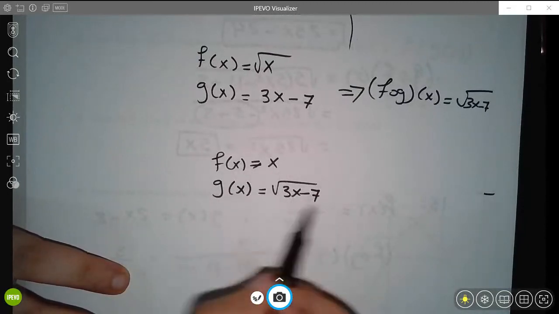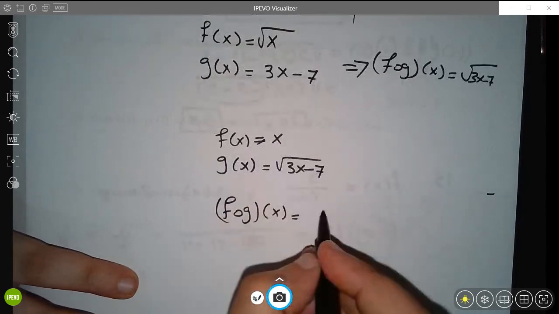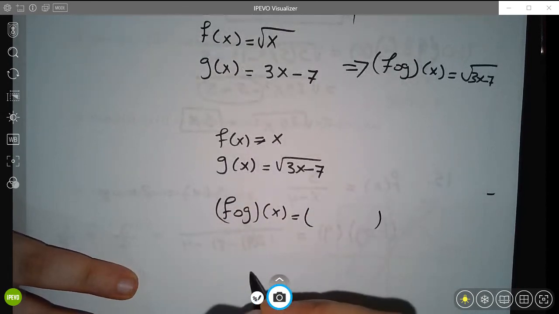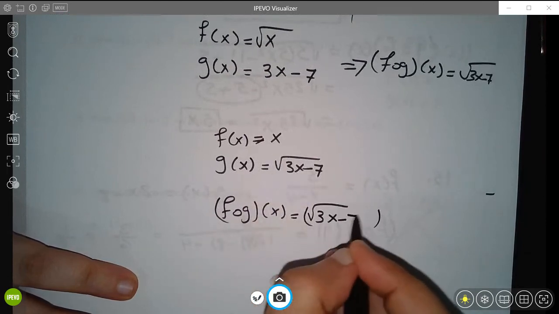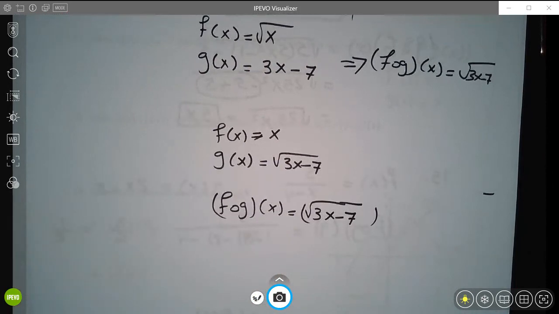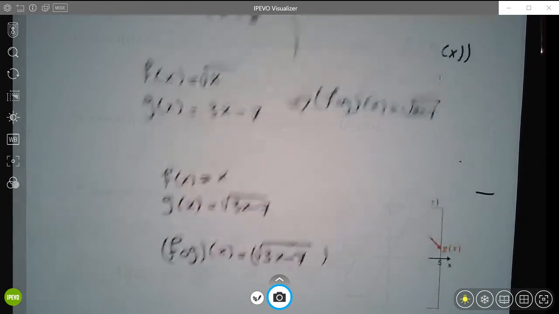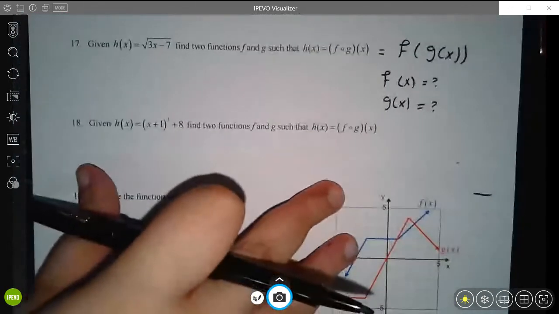So this will disappear, and you write this one down instead. So the composition between the two is what? Instead of the x of f, I'm going to place a big parenthesis, and you're plugging in root of 3x minus 7. So the final result is root of 3x minus 7. See how fun that was? That's why I like this part. Like, you can give me so many answers, and you can still be right.